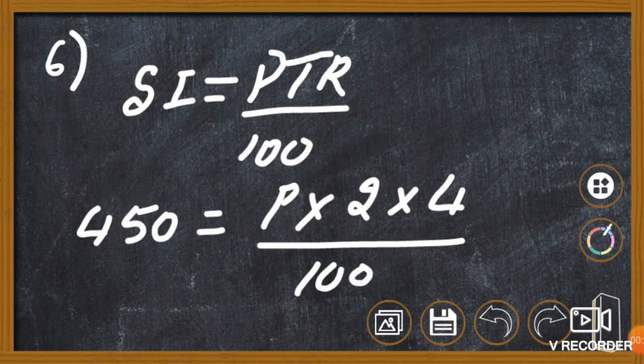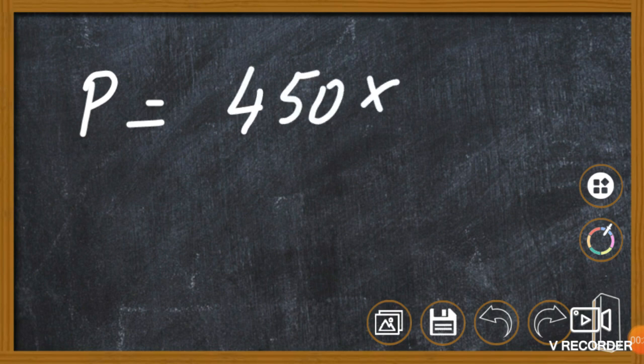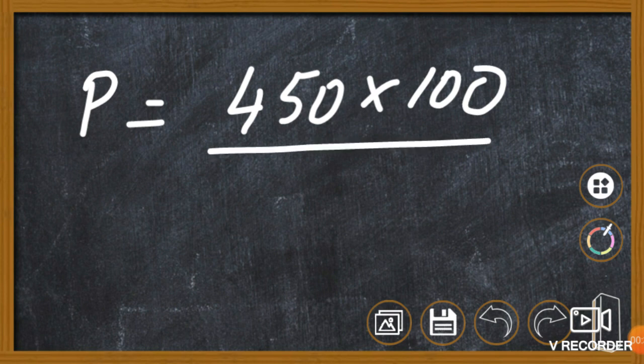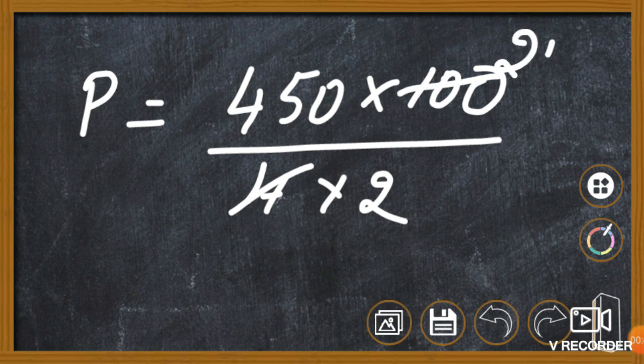In the next step, simplify it as P is equal to 450 into 100 whole divided by 4 into 2. So 4 ones are 4, 25s are. Here 4 ones are 4, 25s are 100.